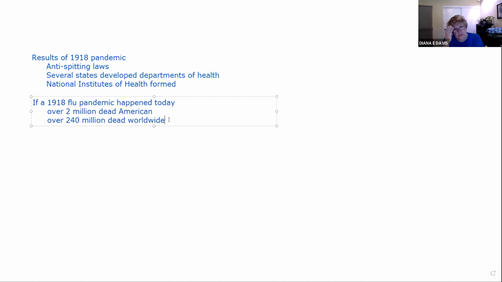Yeah. If the 1918 flu came back, certainly modern health practices and modern medical treatments would reduce the number of dead. Absolutely. This is just to give you a sense of what the scale would be like with the current population that we have, to help you compare it to COVID.